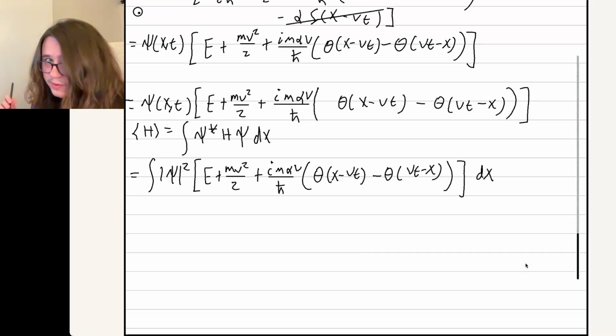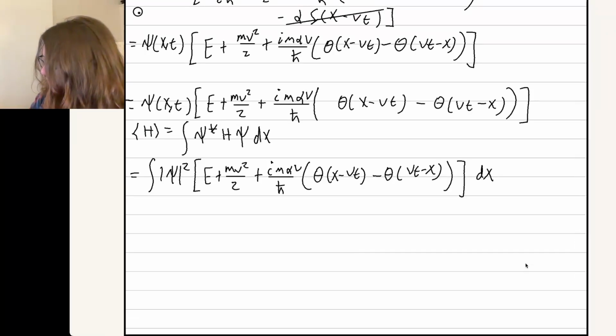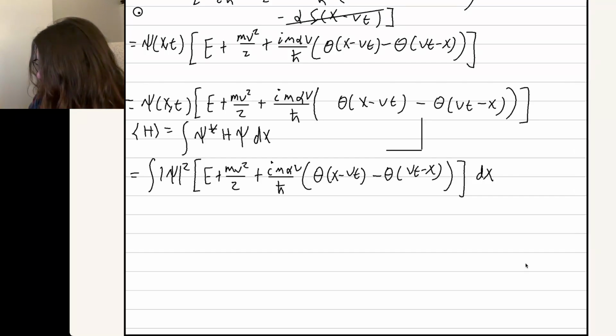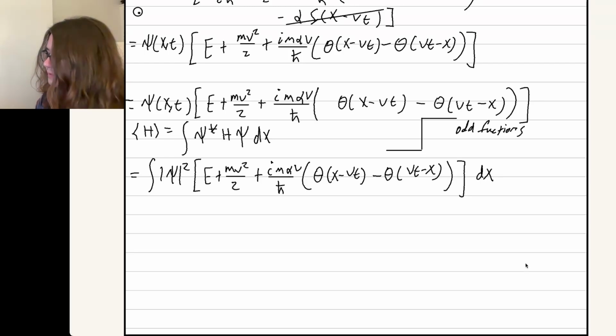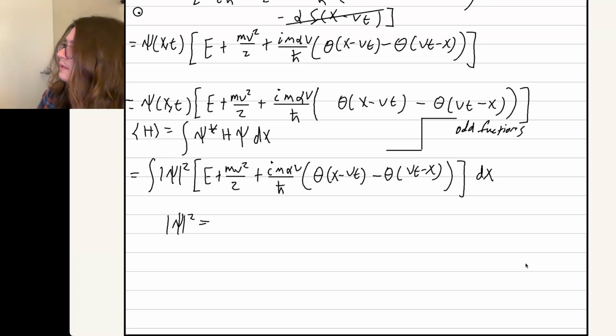The theta functions are odd functions, right? They are not symmetric around x equals 0. They both kind of look like that. So odd functions, which means when you multiply by what is the Gaussian, or it's not really a Gaussian, because mod squared psi, very easy to write that.